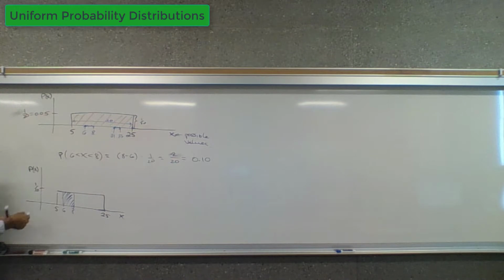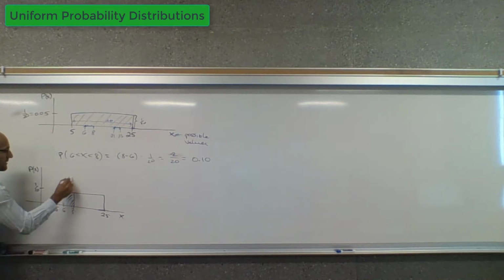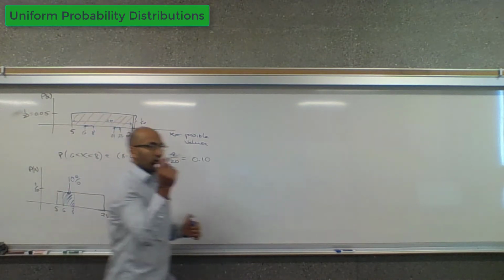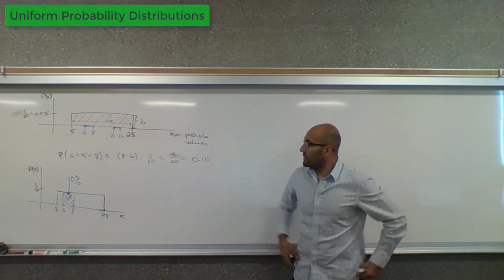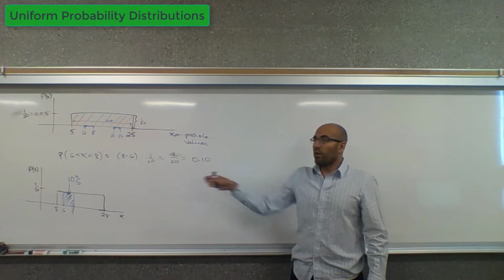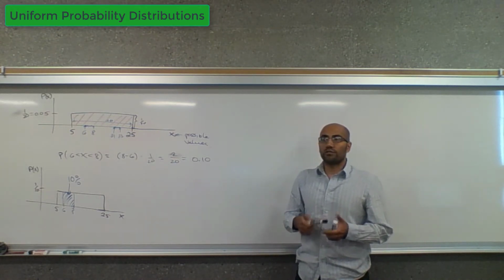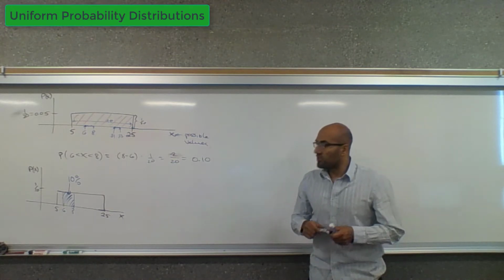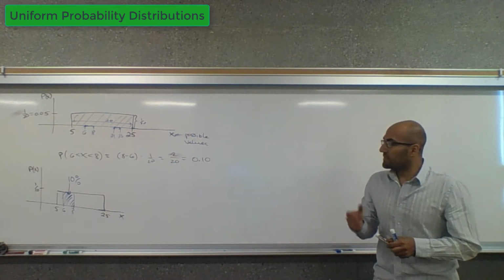So there's a 10% chance that the random variable x will land between 6 and 8 when we have a uniform distribution described by this. So with a little buzzer, there's a 10% chance that it'll buzz between minutes 6 and 8.